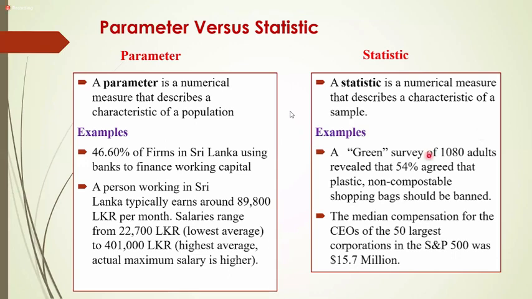Right. So here, a survey of 1,080 adults revealed that 54% agreed that plastic non-compostable shopping bags should be banned. Here, 1,080 adults indicates it is a sample. And this percentage is the statistical measure used to describe the banning of non-compostable shopping bags.